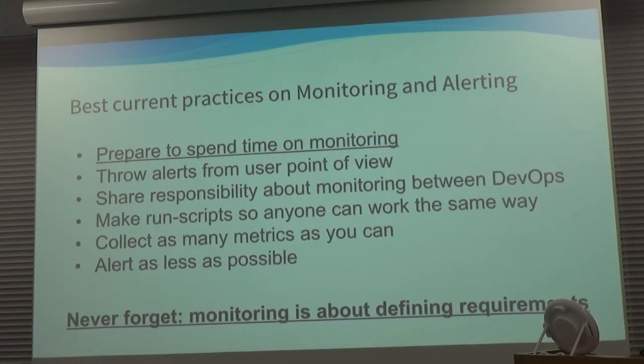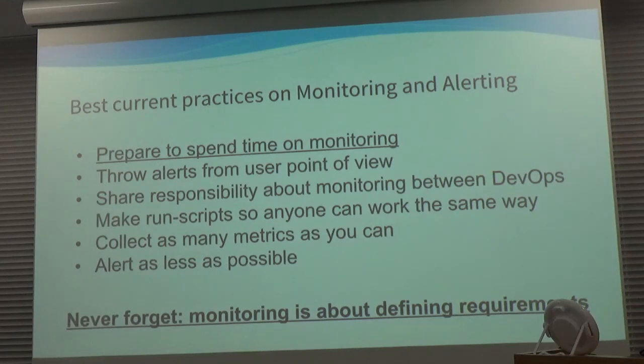So this is the last slide for today. The best current practice in monitoring and alerting is to prepare to spend time on monitoring. We first need to know this. And then, alert throwing always has to be from the user's point of view, because other things won't be something that we can do.